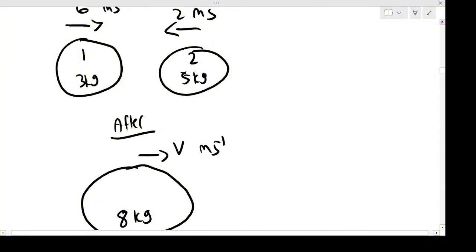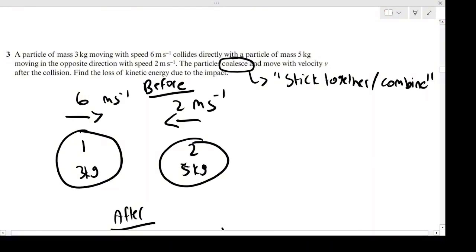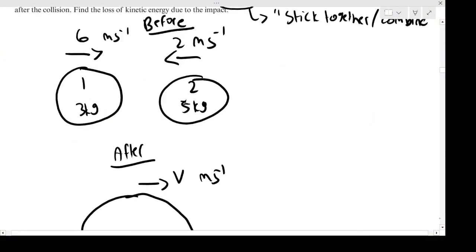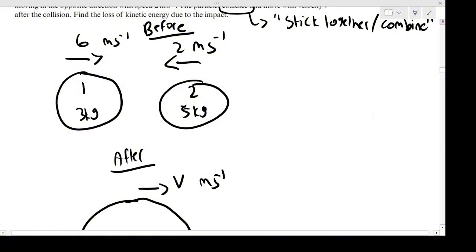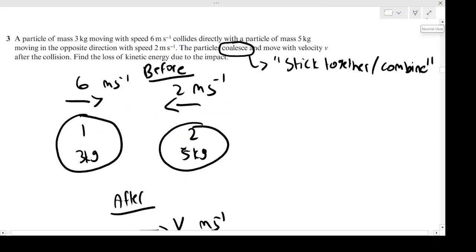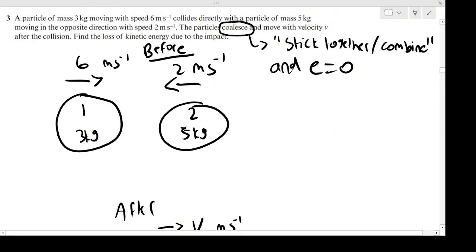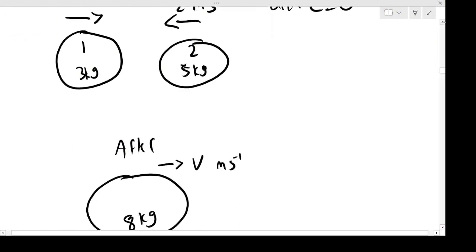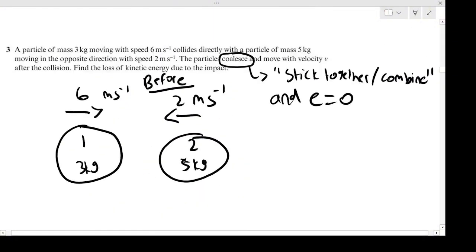Now, we're going to do our usual method. Firstly, let's do restitution. What you need to know is that in this particular unique case of coalesce, when things join together like this, E is specifically 0. And actually we can see why E has to be 0. Let's use this diagram here.